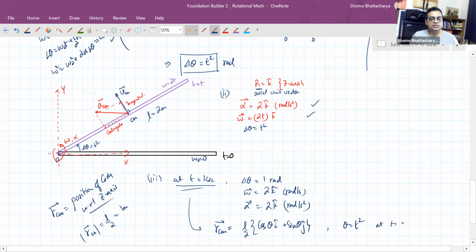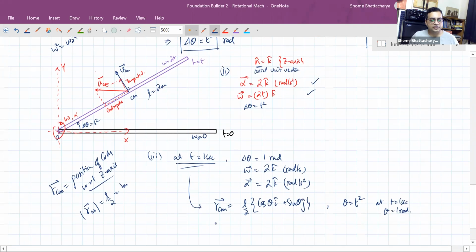So at t equal to 1 second, theta is equal to 1 radian. So the position vector of the center of mass will become 1 meter into cos 1 i cap plus sin 1 j cap.